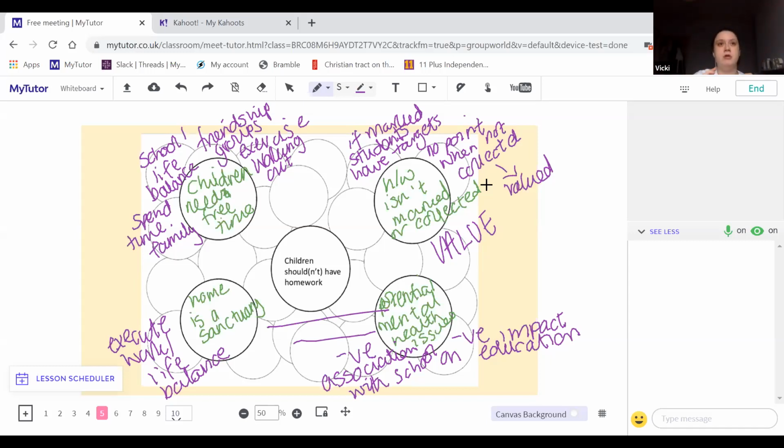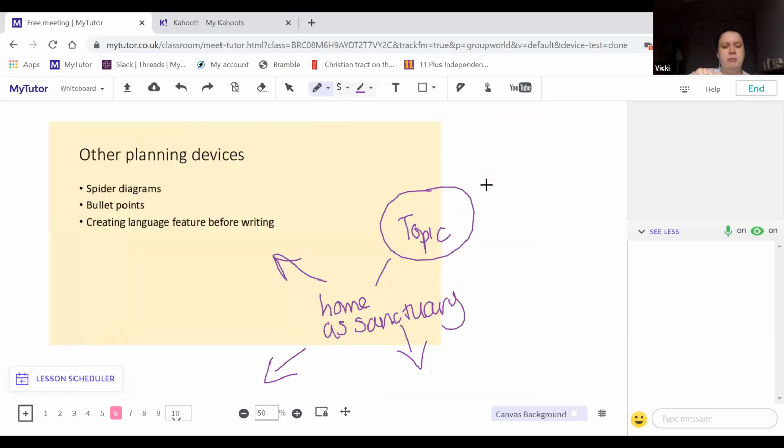I can't remember whether I was a spider diagrammer or a bullet pointer when I was doing my exams. But if you are doing bullet points, decide on the order you're doing them in and write a number next to them. So you've got some sort of numerical order before you run out of steam and then think, oh my goodness, I should have put that there. And then you've got loads of little asterisks all over your exam paper, and it gets messy. I was one of those people, so learn from my mistakes.